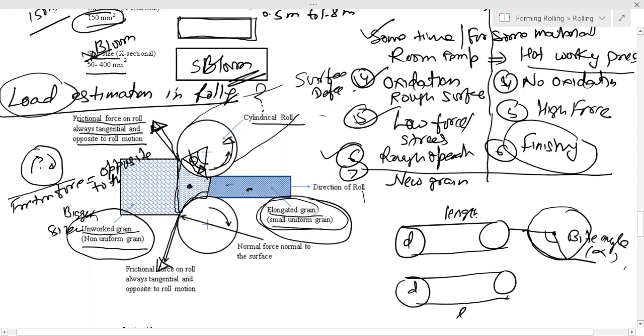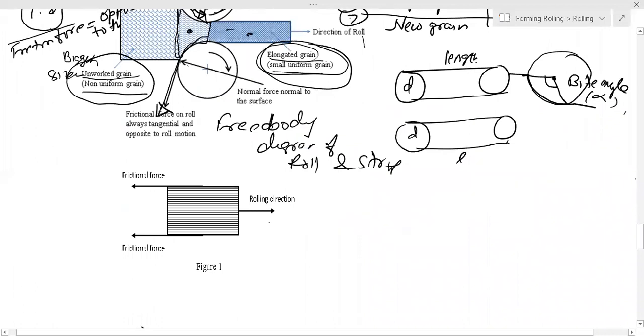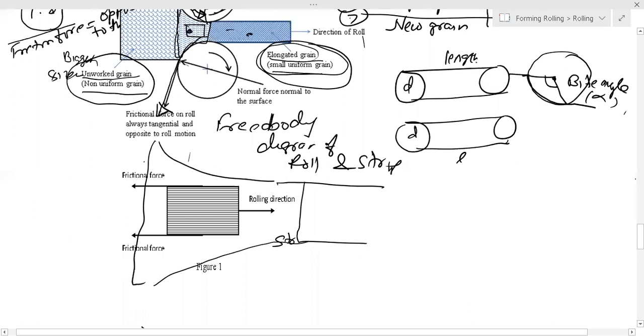Now we'll draw the free body diagram of roll and strip. This is your strip. This is the deformation zone here. The material moves like this because of the friction, I will discuss it now.